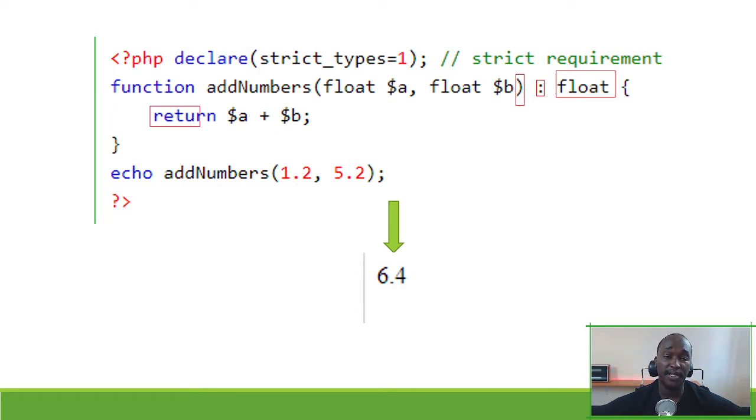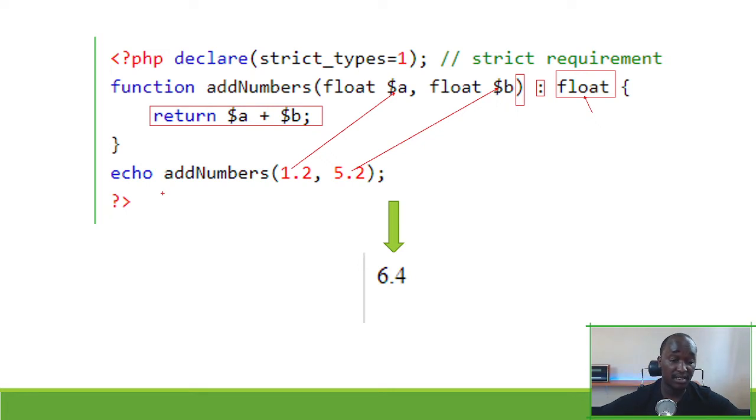So when you do here, return a plus b, here we are passing 1.2 to a, we are passing 5.2 to b. But even if you pass just 1 and 5, because you've specified the returned value to be a float, then it's gonna give a float.